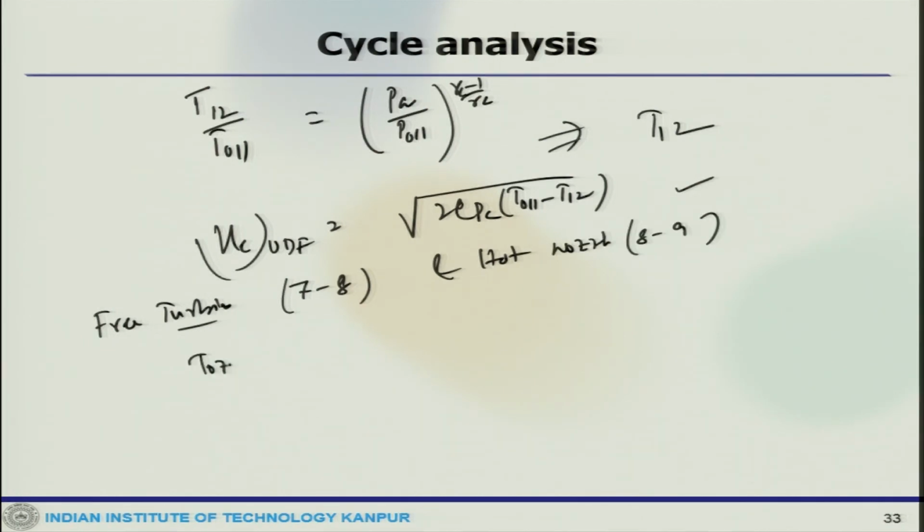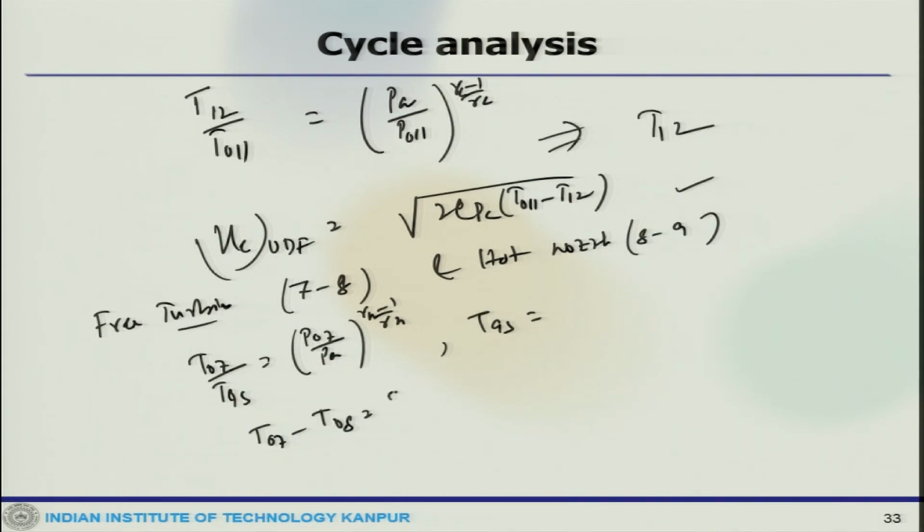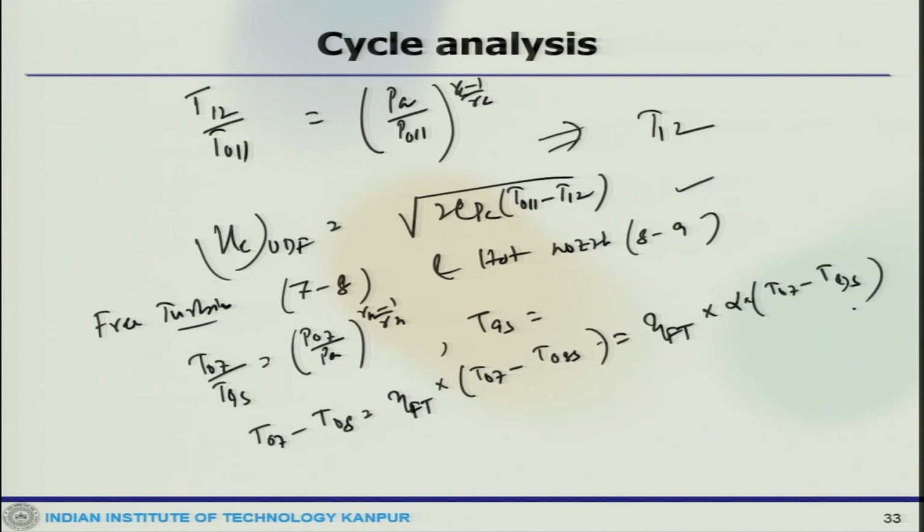From here we will write T9s equals T07 times PA by P07 to the power gamma H minus 1 by gamma H. Then the temperature drop in the free turbine would be T07 minus T08 equals eta FT into alpha into T07 minus T9s.